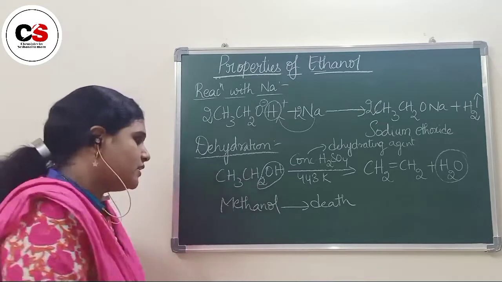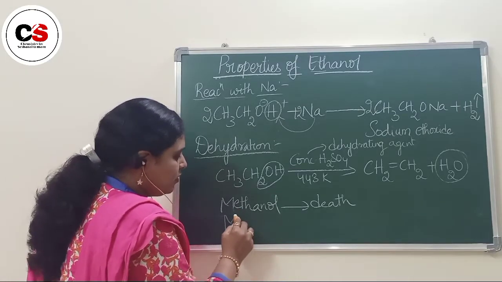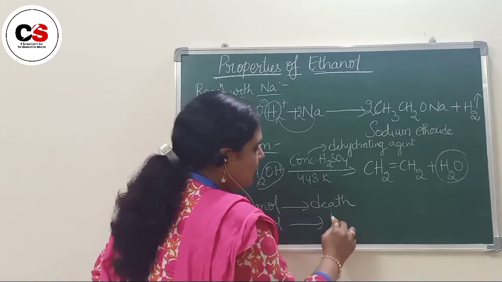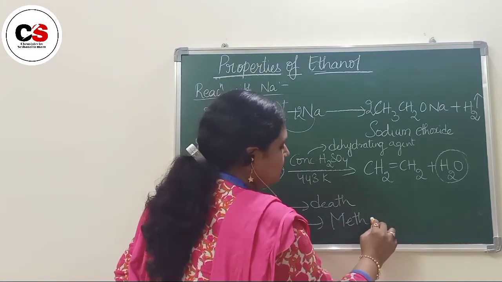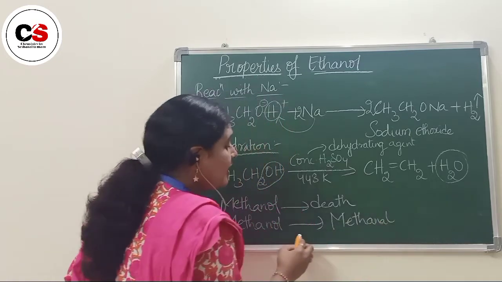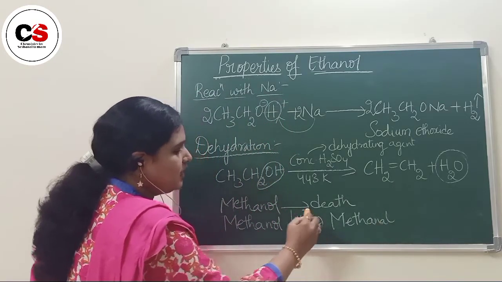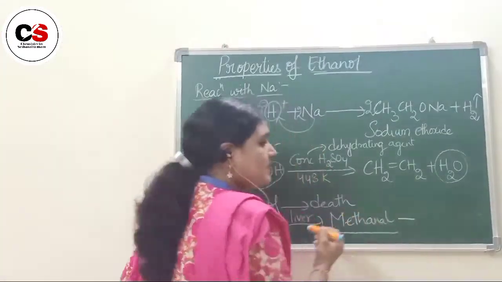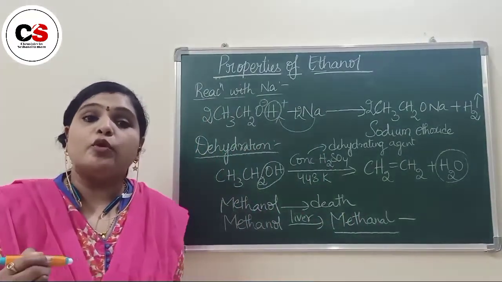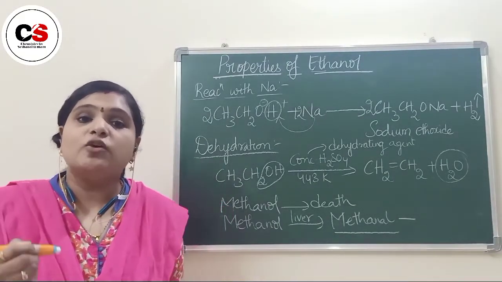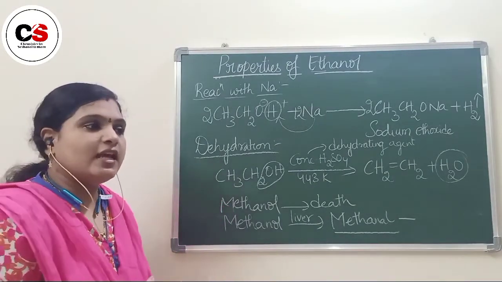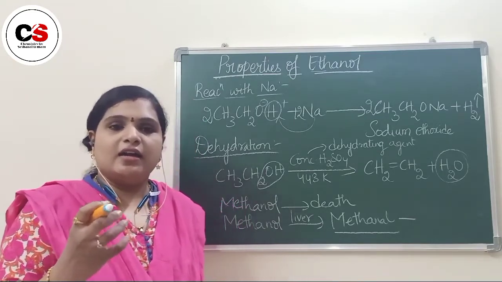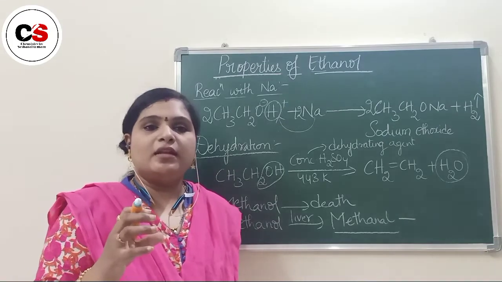How it will cause death means, first of all, this methanol alcohol is converted into aldehyde in the liver. This methanol severely reacts with the protoplasm of cells, causing coagulation. Just like when you boil an egg, what will happen inside?